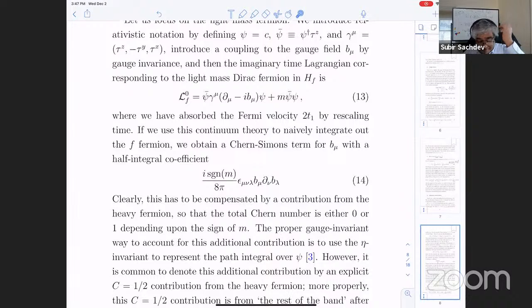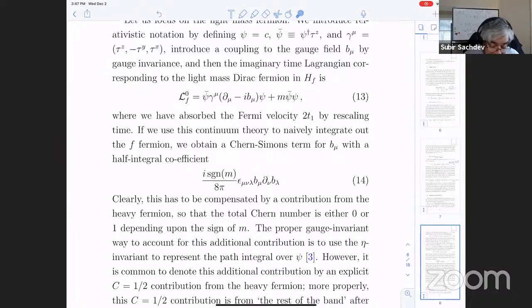So, all right, now if I'm a particle theorist, then you start having a heart attack at this point, because you say, what do you mean by Chern-Simons term with a half integer? That theory is not even defined. Go back to our chapter on Chern-Simons theory. The coefficient of the Chern-Simons term was always an integer. The theory didn't even make sense when it wasn't.